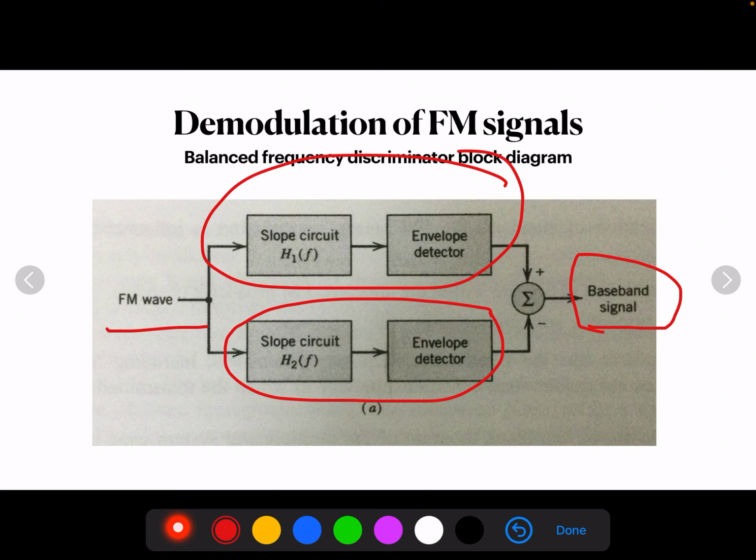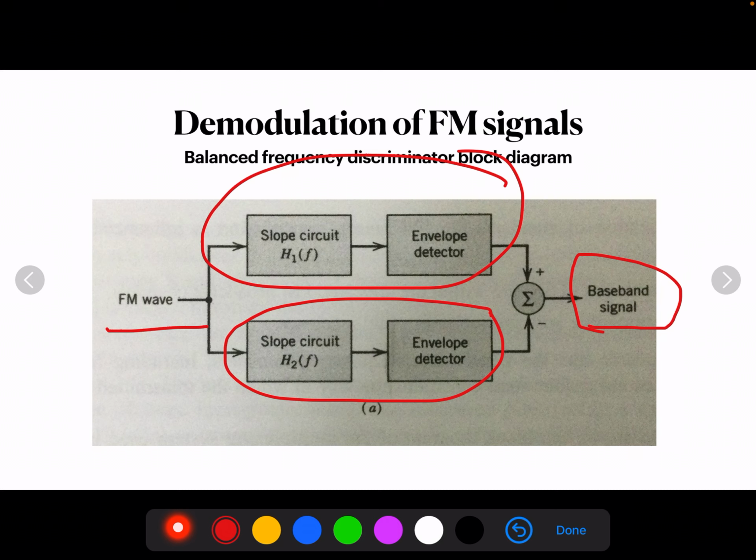When the frequency of the input signal decreases, it moves away from the resonant frequency, which decreases the output voltage. So whatever changes in the frequency we are sensing are converted to voltage.